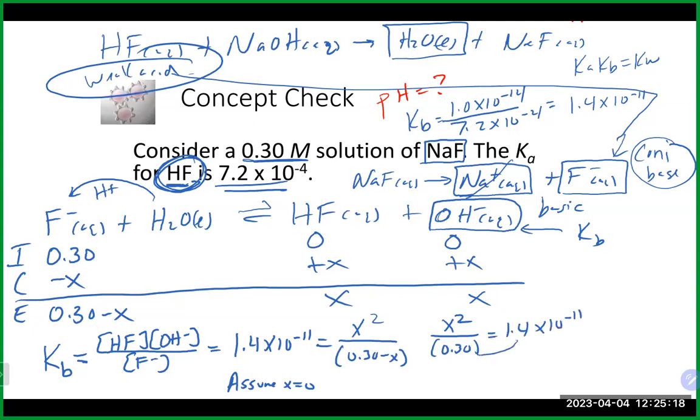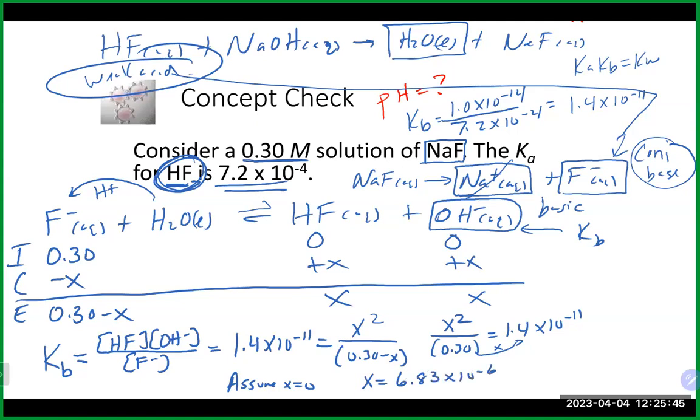I'm going to multiply this to the other side and also take the square root of it. So when I do that, 1.4 times 10 to the minus 11 times 0.3, a little square root action on it, going to give me an x value of 6.83 times 10 to the minus 6.